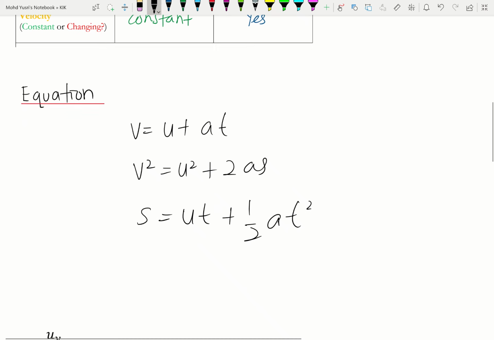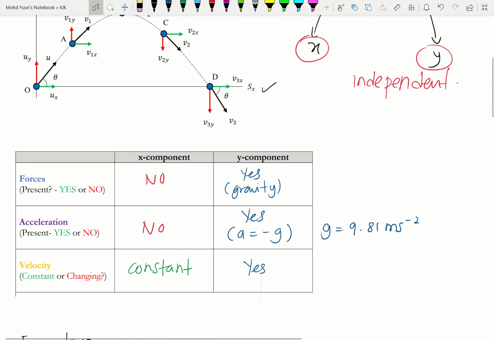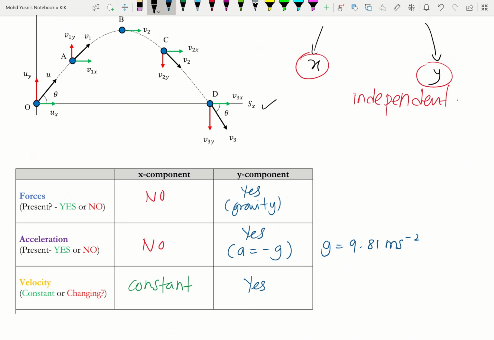But the important difference between subtopic 2.2 and projectile motion is that the initial velocity is now, in fact, all velocity has two components, which are x and y components, as shown in this figure.